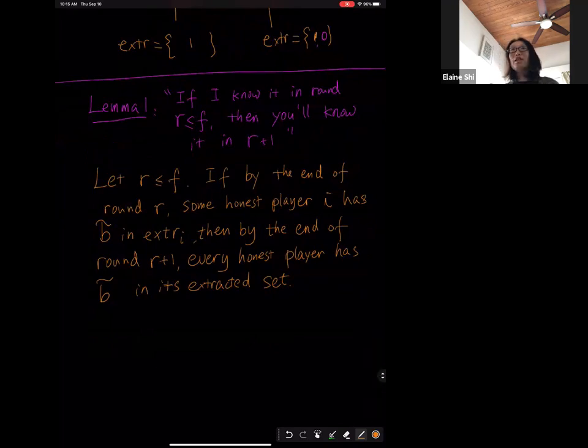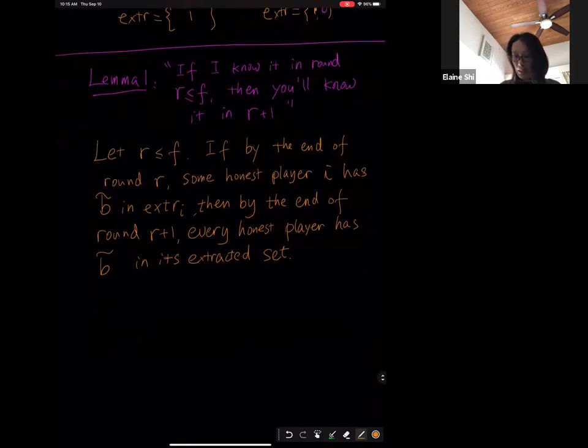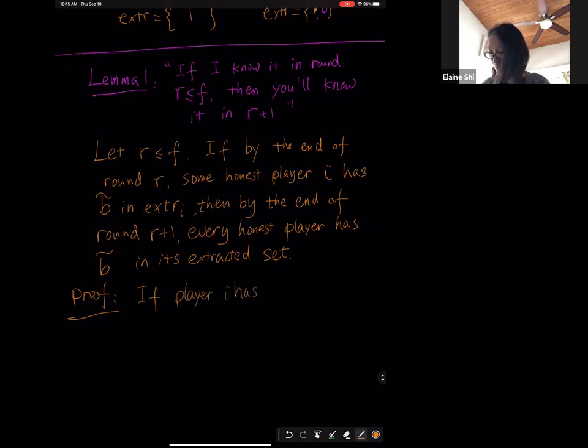We kind of already proved it together verbally, but let's write down the proof again. There is one small subtlety to check. If player i has B tilde in extracted i by the end of round R, what does this mean?